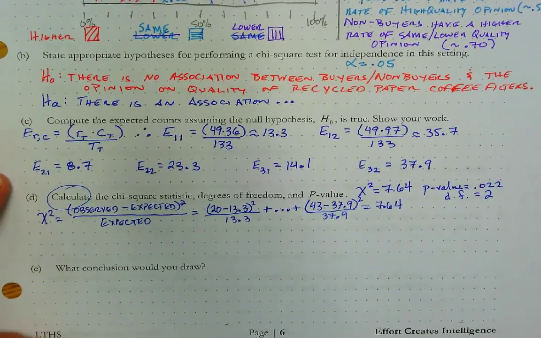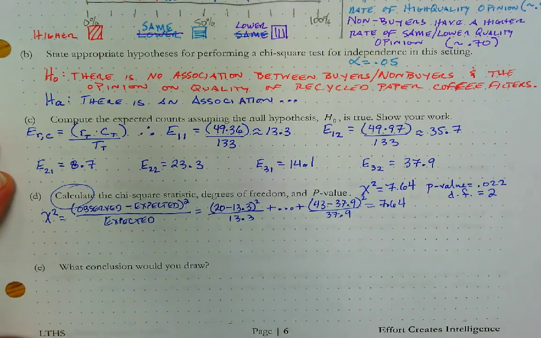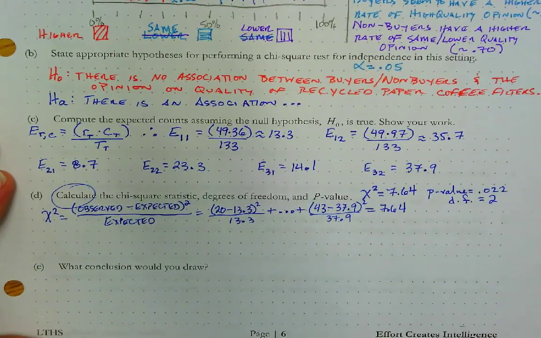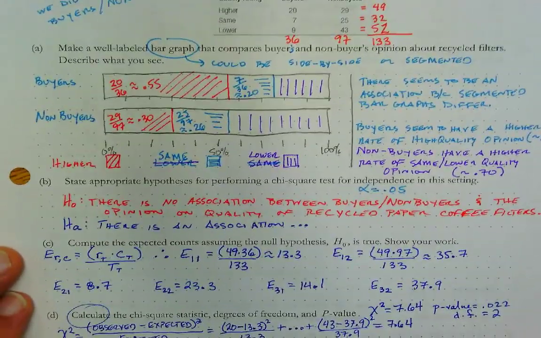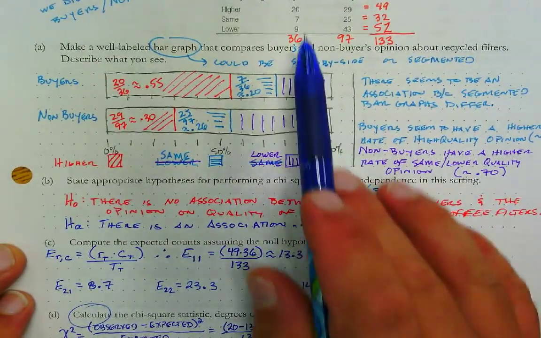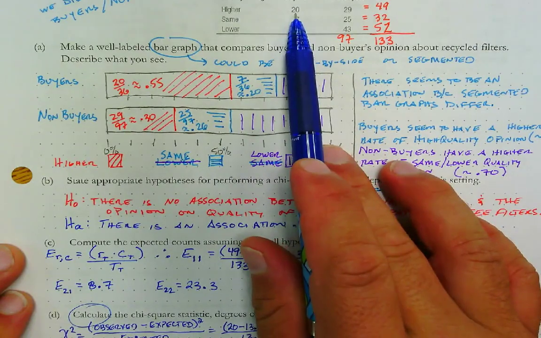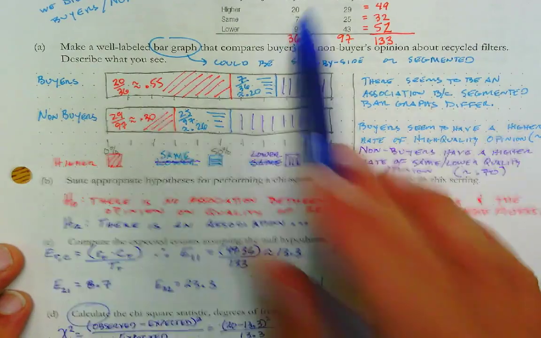Okay, so let's check this out. For chi-squared, I need to show the formula I'm going to use, and substitute a few values into the formula. Where did these values come from? How many did I observe in this first row, first column? 20.